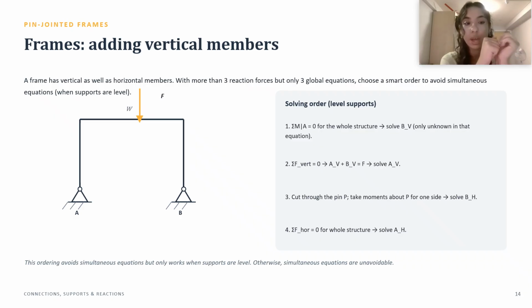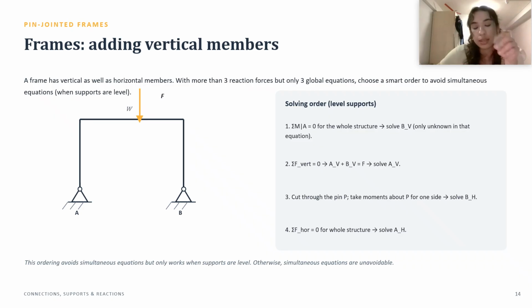Then after we find BH, we can find AH, because we know the sum of the horizontal forces must be 0. So AH plus BH equals 0, then AH must be the same force as BH but in the opposite direction.